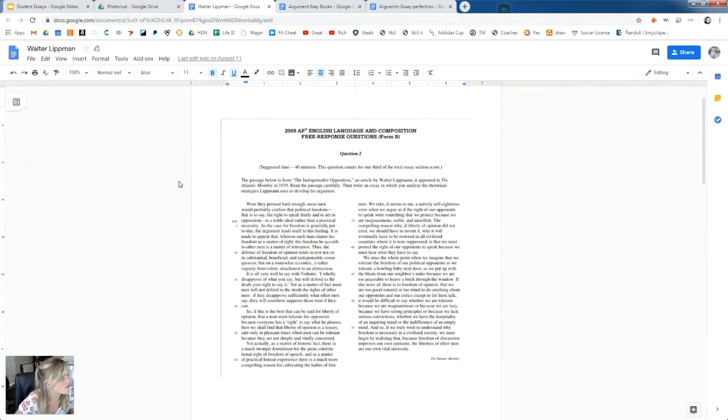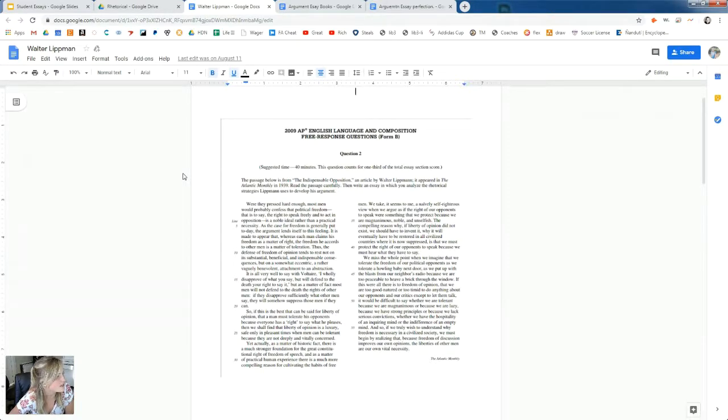The passage below is from "The Indispensable Opposition," an article by Walter Lippmann. It appeared in the Atlantic Monthly in 1939. Read the passage carefully, then write an essay in which you analyze the rhetorical strategies Lippmann uses to develop his argument. "Were they pressed hard enough, most men would probably confess that political freedom, that is to say, the right to speak freely and to act in opposition, is a noble ideal rather than a practical necessity. As the case for freedom is generally put today, the argument lends itself to this feeling.